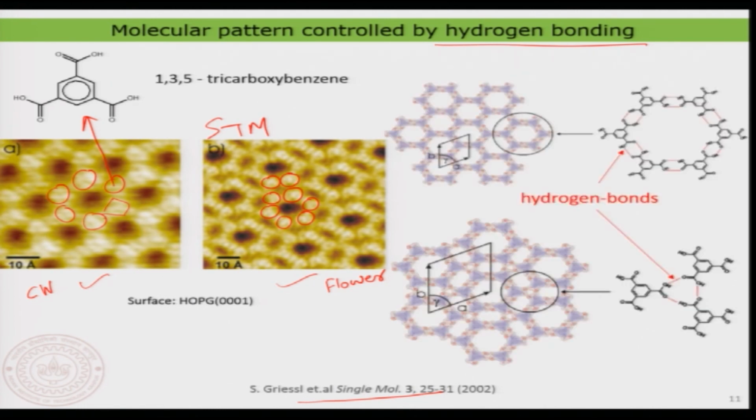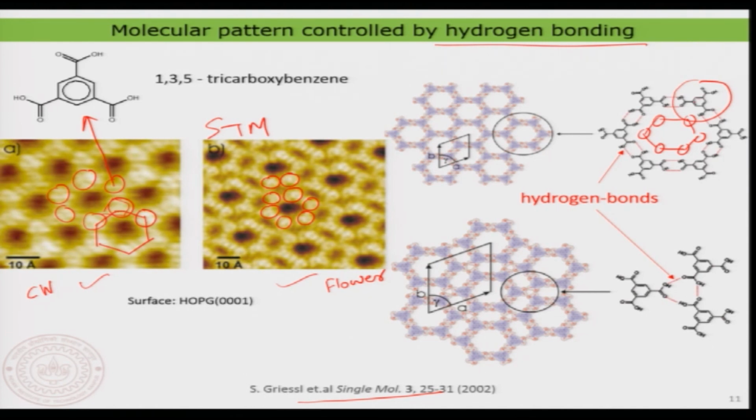Of course, this is a model, and this is one of the hexagons, and each corner is a TMA molecule. Similarly, I have a hexagon here, and each corner is a TMA molecule. So, each TMA molecule corresponds to a TMA molecule in the structure.